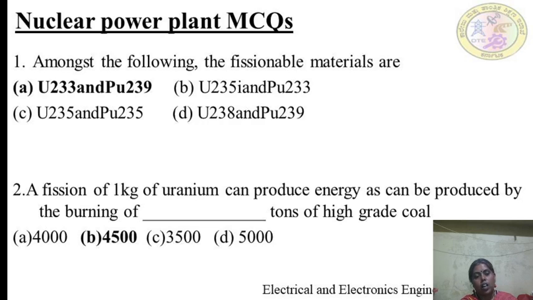The choices are A. 4000, B. 4500, C. 3500, D. 5000. The correct answer is B, 4500. So that many tons of high grade coal is equal to the fission of 1 kg of uranium.